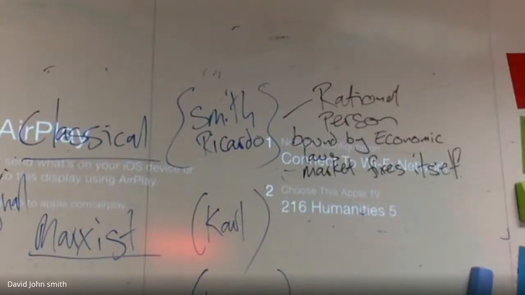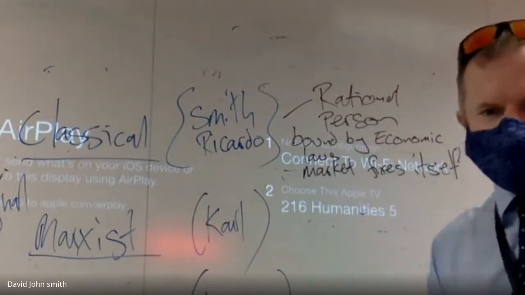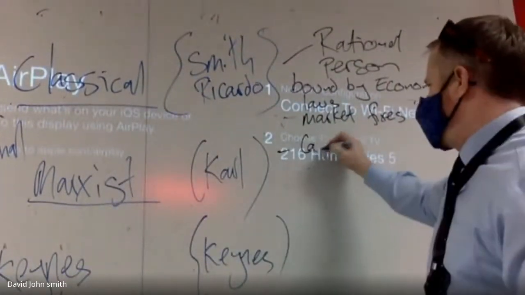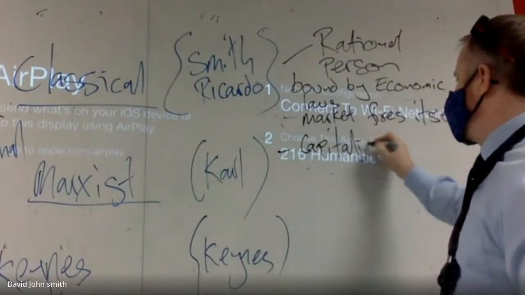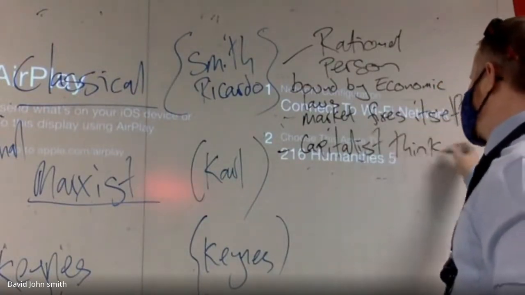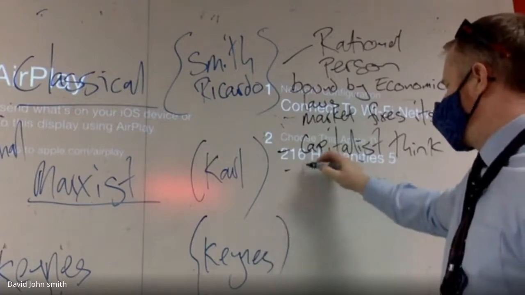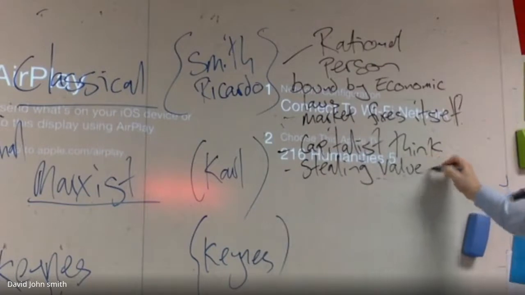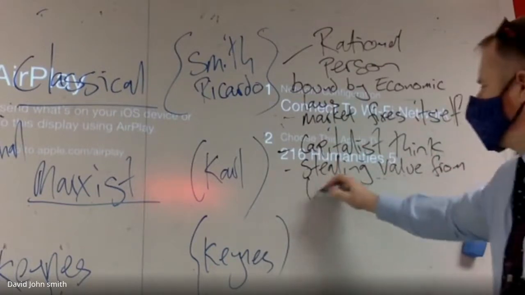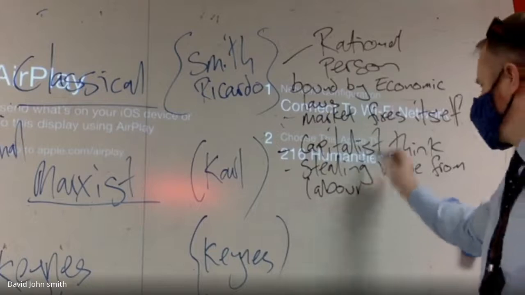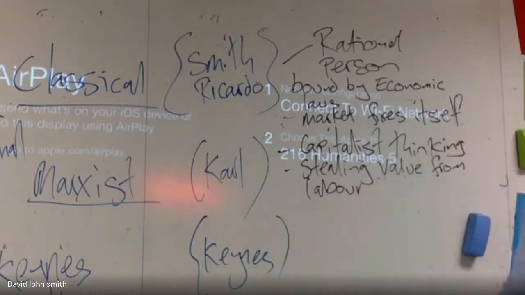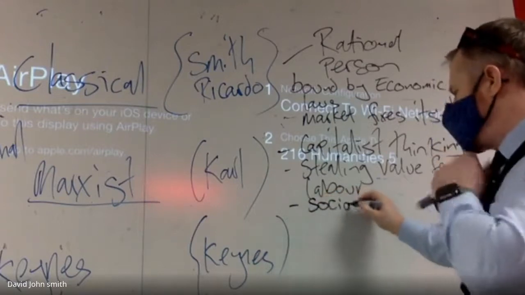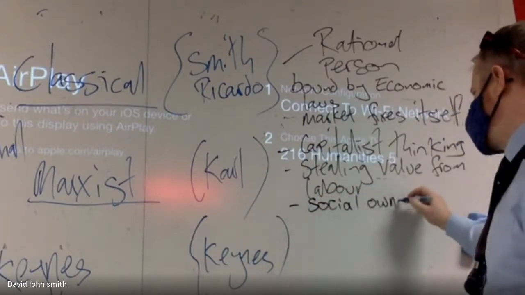Okay. Karl Marx, as we saw, he was very upset with the classical economists because you had your capitalist thinking, which led to the idea of stealing value from the labor. So therefore, he proposed social ownership or community ownership.